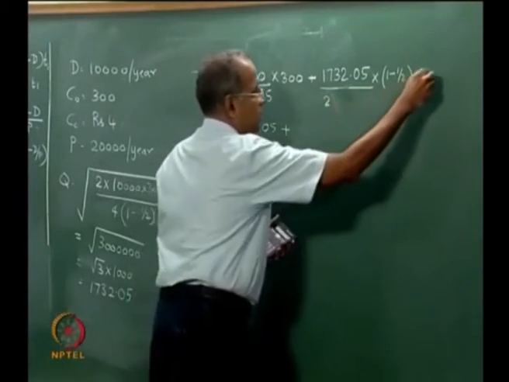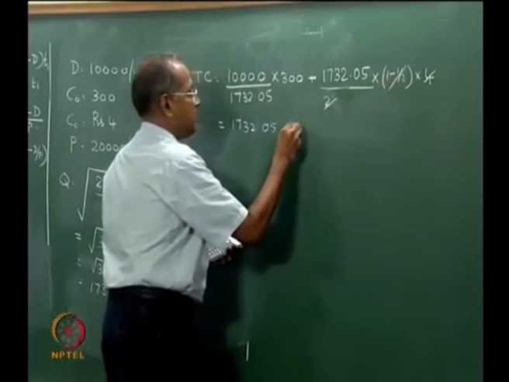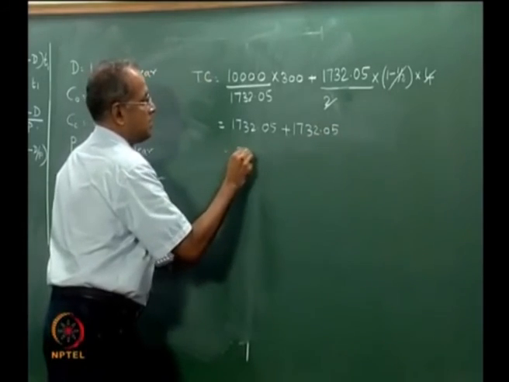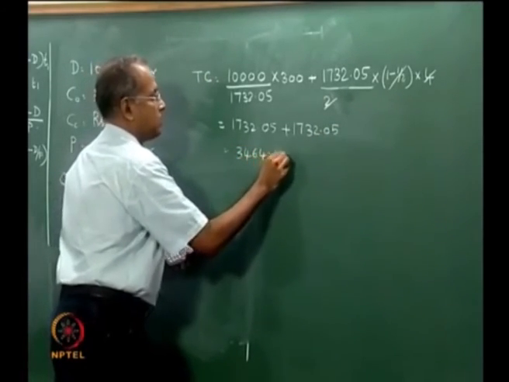So, 2 into 2 is 4 and this 4 will get cancelled, plus another 1732.05, which is 3464.10.